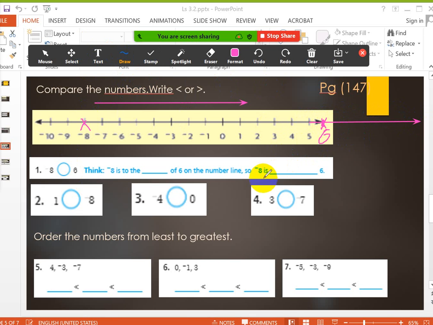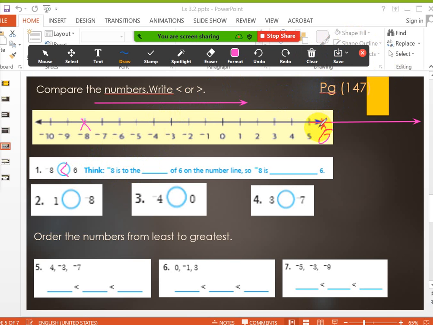Now I want to compare between negative 8 and 6. I told you when we go to the right side on the number line, the number becomes what? Greater. Which one is greater, Maria? 6 or negative 8? Very good. Positive 6 is greater than negative 8. Excellent. Is negative 8 on the left or right side of 6?